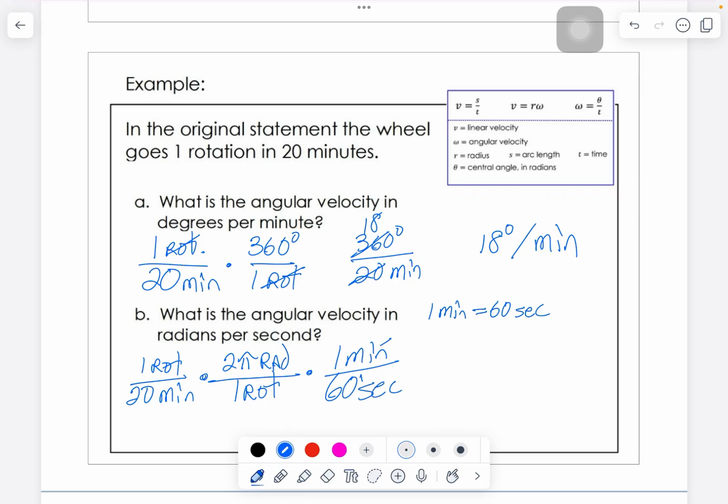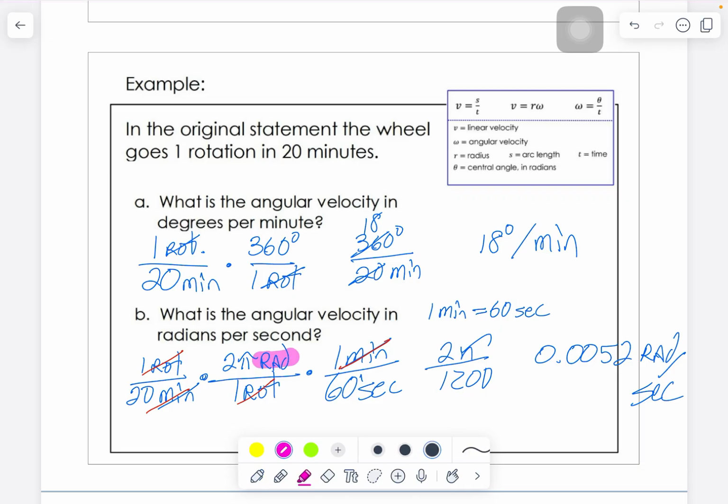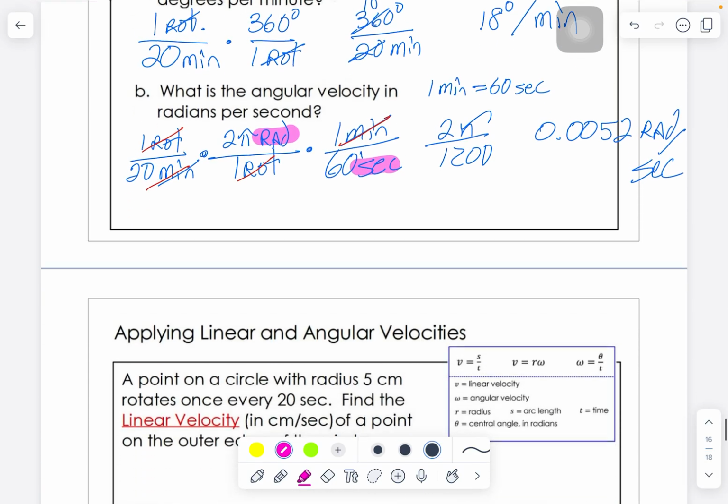There we go. So now the minutes cancel out, and the rotations cancel out, and I'm left with 2 pi radians over 20 times 60, or 1,200. If I calculate that with a calculator, that is about 0.0052 radians per second rather than minutes. Notice how radians was left on the numerator for my units and seconds was left on the denominator for my units.